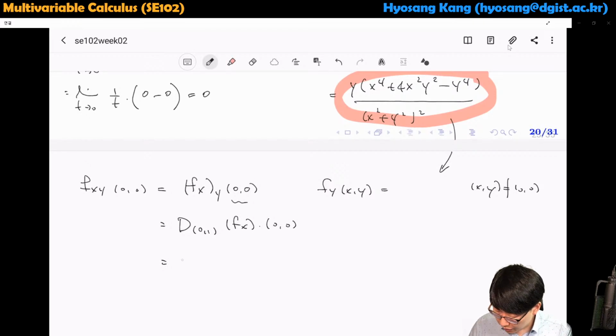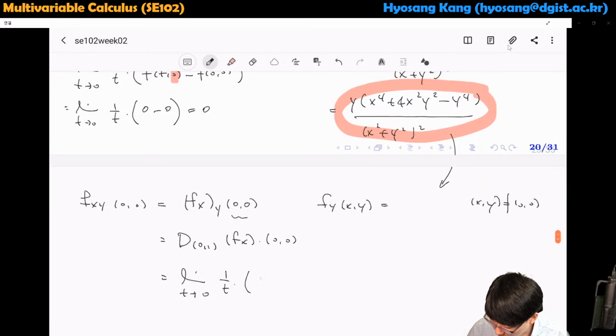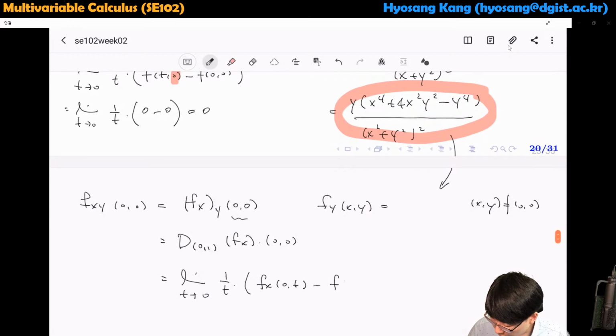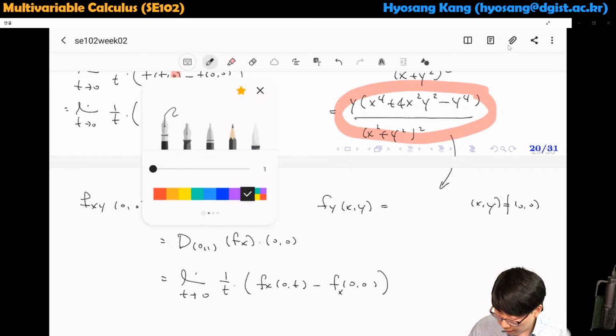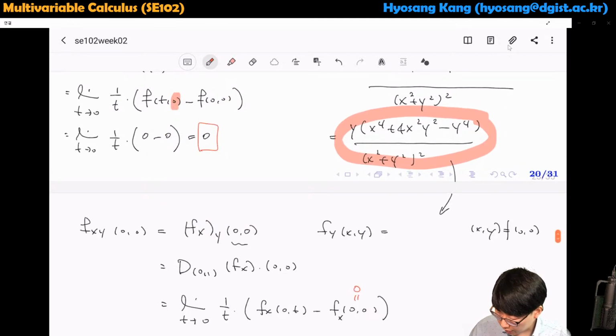Now, by definition, we have the limit as t goes to 0 of 1 over t, and I'm plugging in (0, t) as my parametric line. So I'm going to plug in fx(0, t) and then subtract fx(0, 0). We know that fx(0, 0) is 0 because of this result.